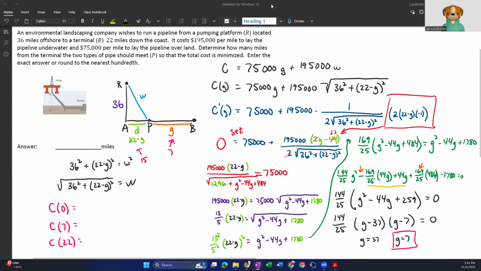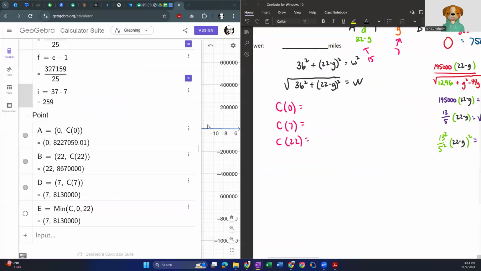Wow. And it's only like 8,130,000. 8,130,000 dollars. The C of 0 is 8,227,059.